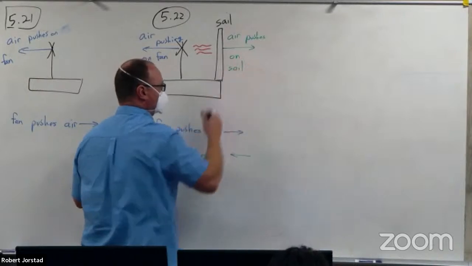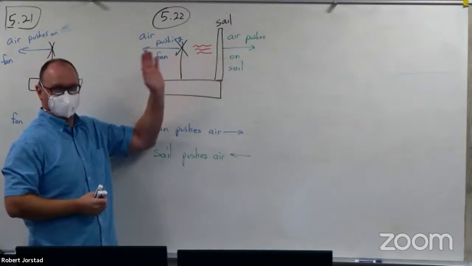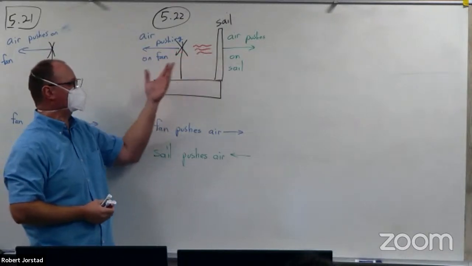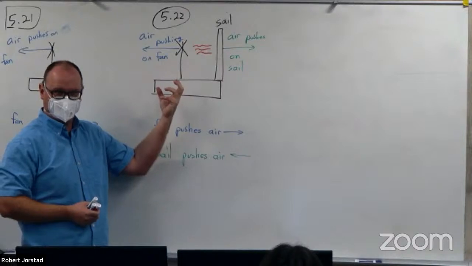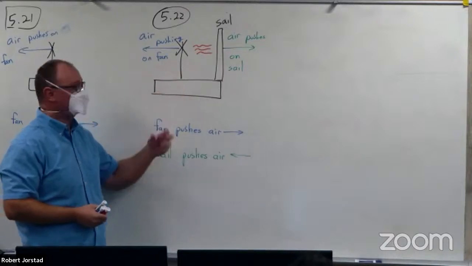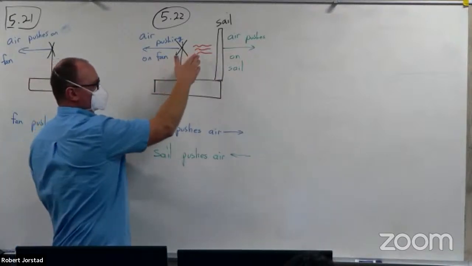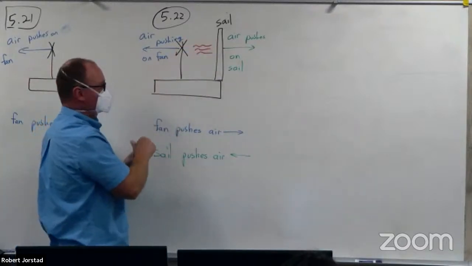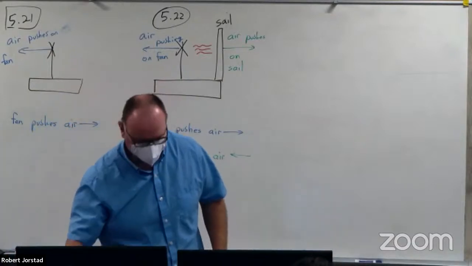In theory, if the sail is strong enough to completely stop the airflow, what should be true about this object? It should stay at rest, right? If these two forces balance. Now, what if a small amount of air is able to leak out around the edges? Then maybe the forces won't balance. Let's take a look at it and see.